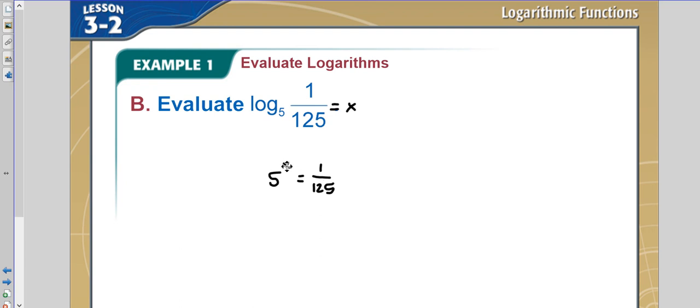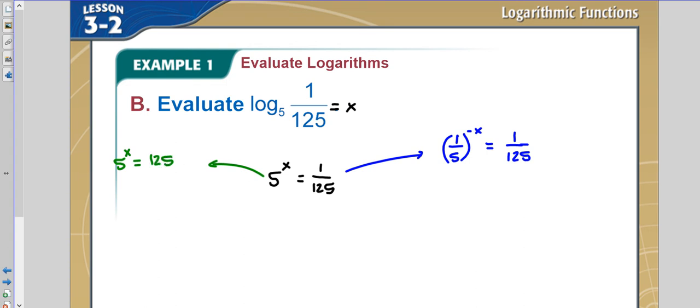Now, there's a couple of ways you can do this. Remember how we learned that a negative power will flip it? You could change the base to 1/5 to the power of negative x equals 1 over 125. Or the other way of solving this is I could say 5 to the power of x equals 125 to the power of negative 1.